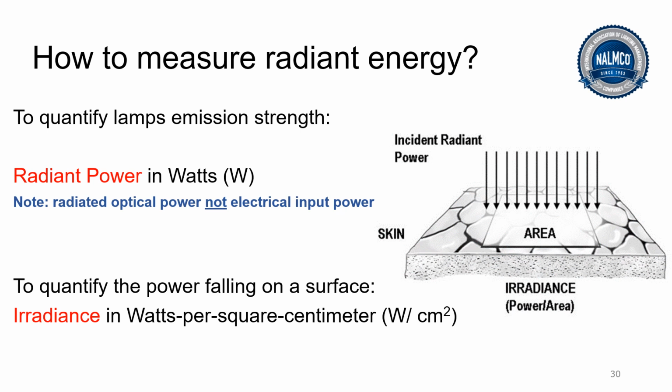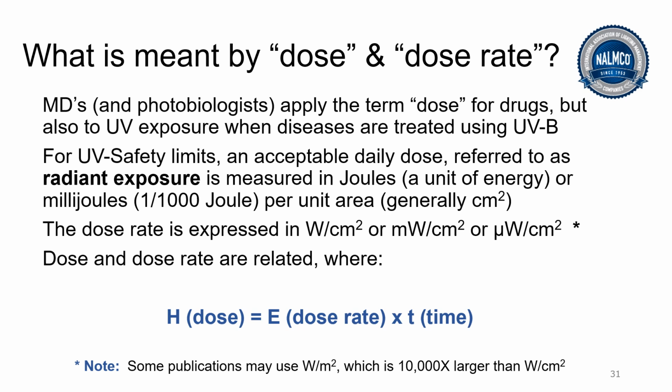And this figure on the right gives you an example of what we're trying to describe as the irradiance, or watts per square centimeter. It's also useful to remember that there are units of milliwatts per square centimeter and microwatts per square centimeter that may be more common.